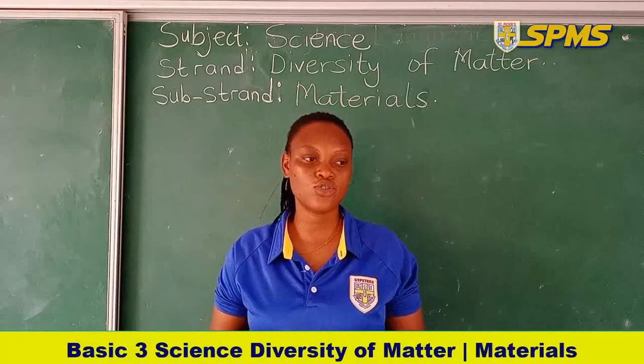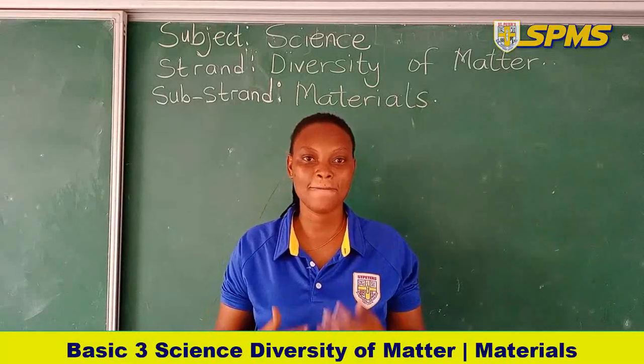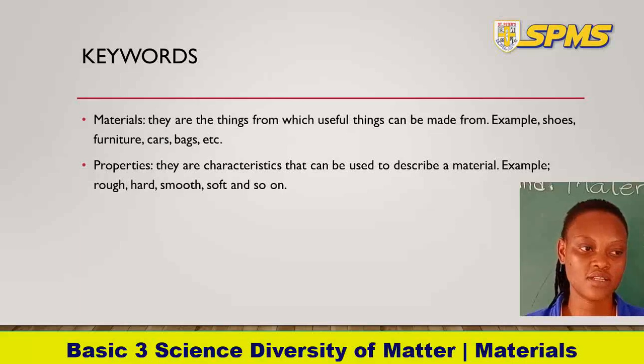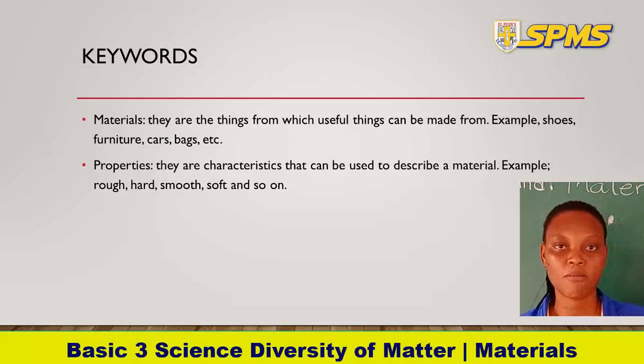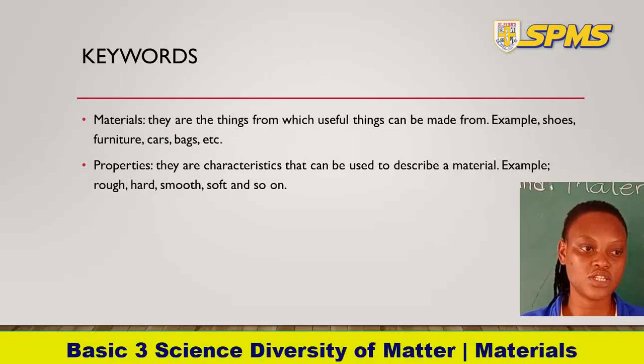Okay, so let us go through our keywords to help us understand the lesson better. We have two keywords. Our first keyword is materials. So let us look at the definition for materials. They are the things from which useful things can be made.